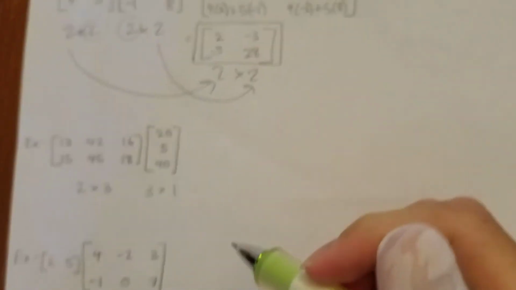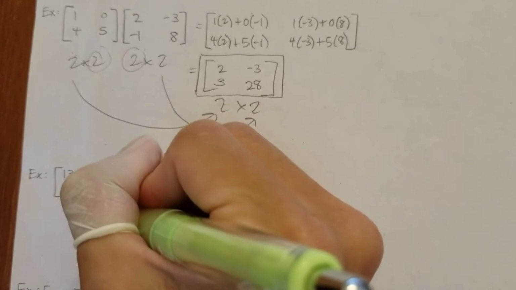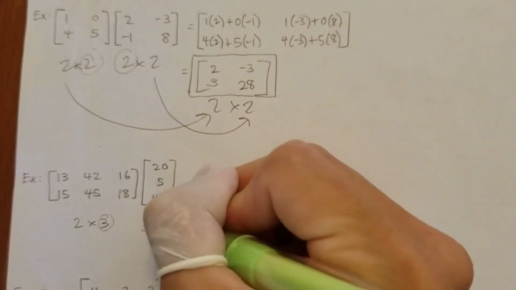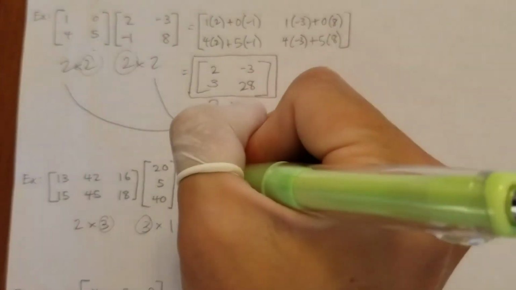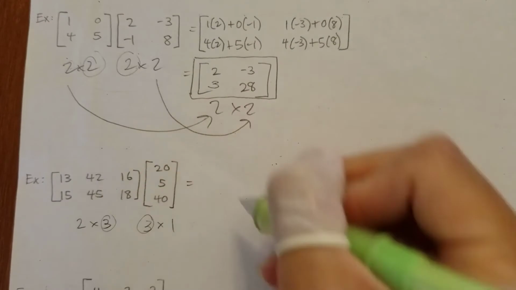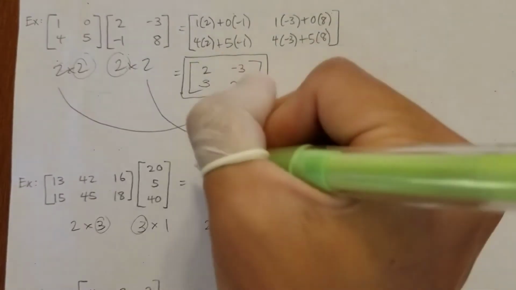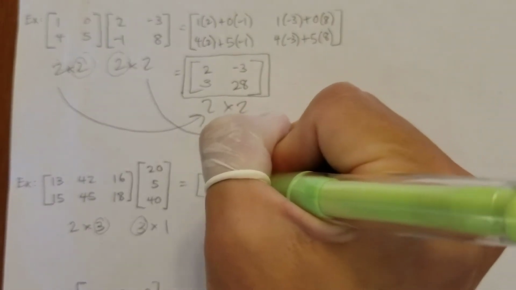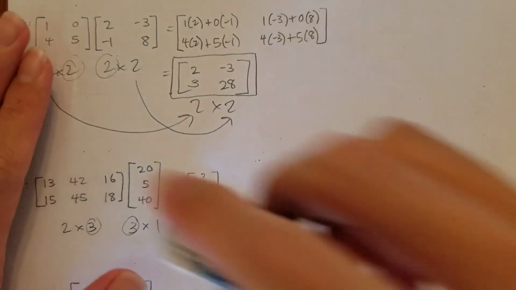So again, what I showed you earlier here is the number of columns in this matrix has to be the same as the number of rows in this matrix. So this means our output is going to be a 2 by 1 matrix. So it's going to look like this. So there's going to be a number here, and there's going to be a number here.